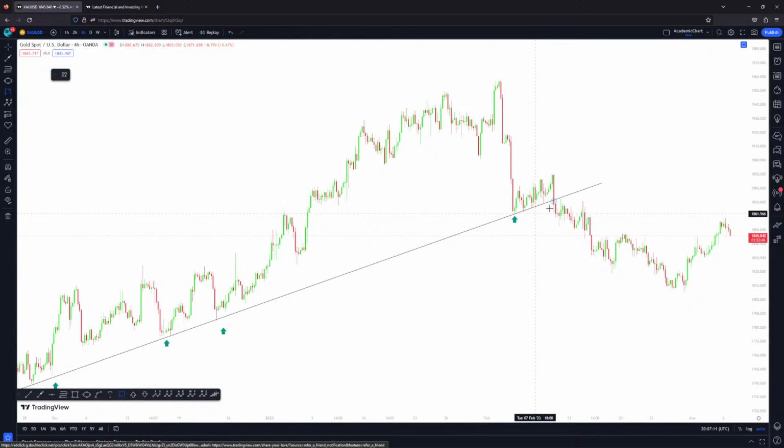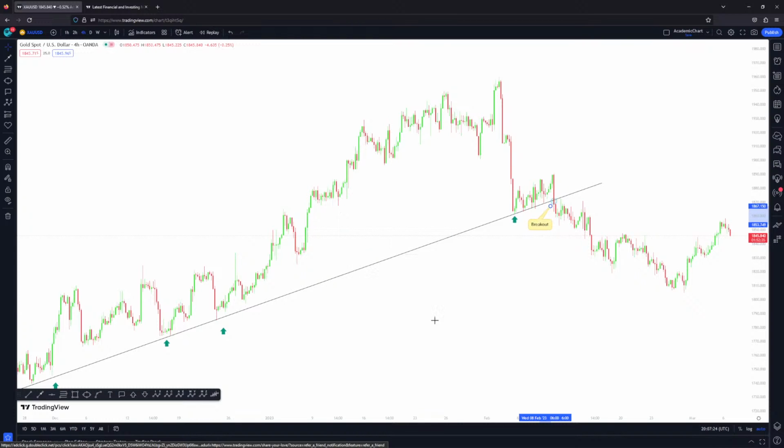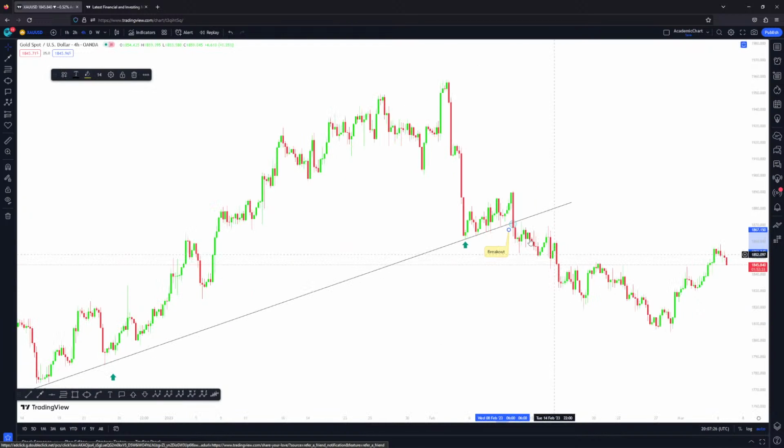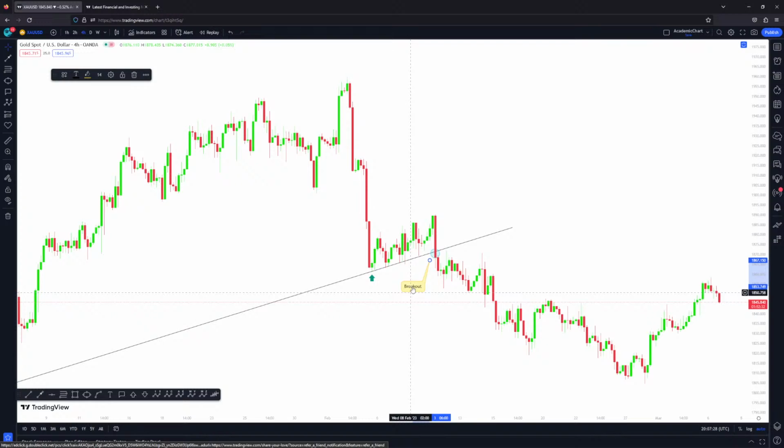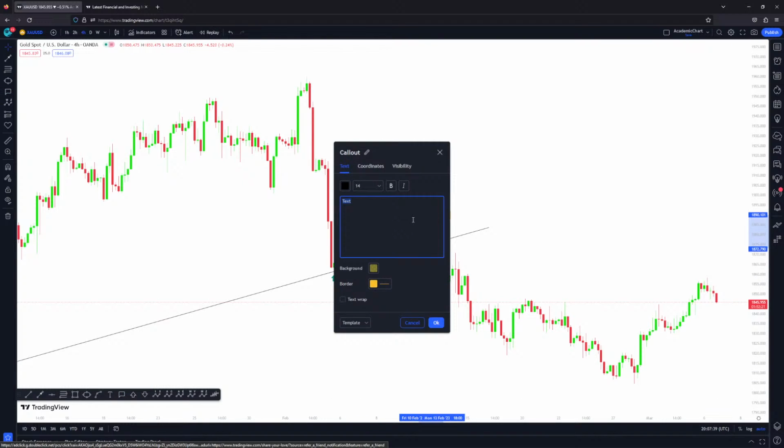Again, this is really important because now we are almost very close to the current day and hours. So it was our breakout. The most important thing about that breakout is that if I zoom in more, you can see after the breakout we had the retest. This is also confirmation that I broke it and I confirm it here.